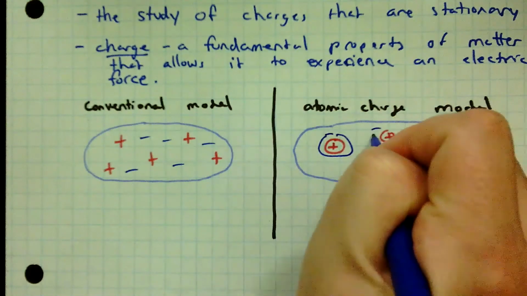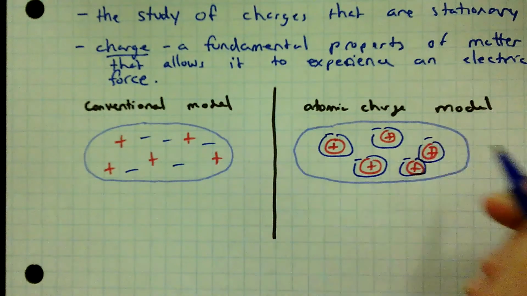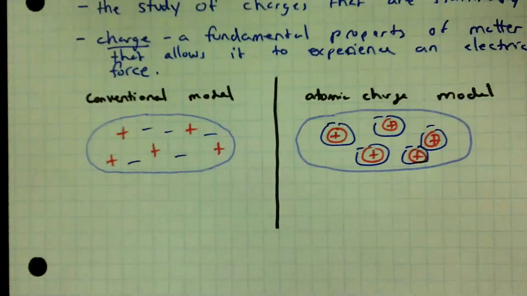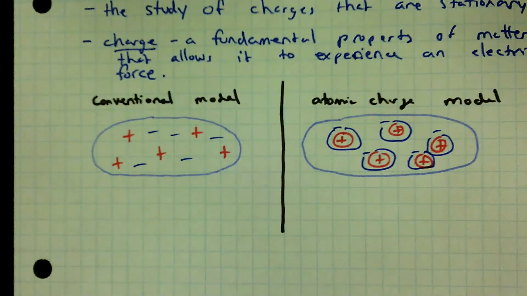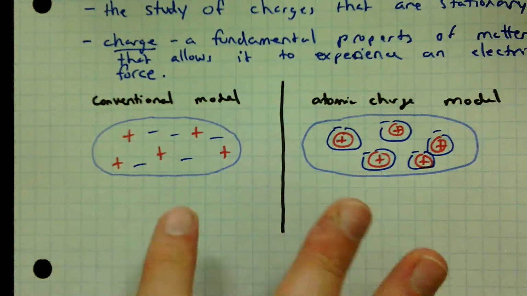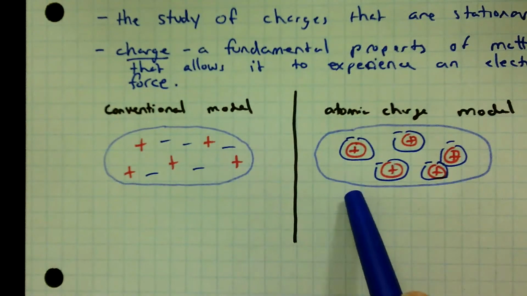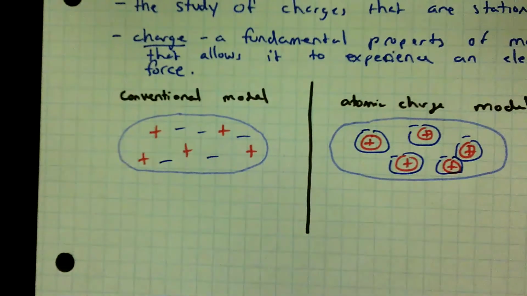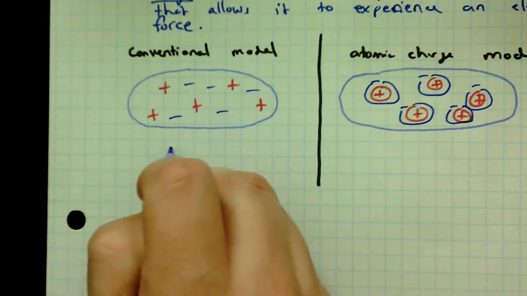And I'm drawing the electron as orbiting the proton. Again, this is simplified, but it's more true, right? So this is the conventional model. The conventional model is that positives and negatives are just charges that float around in an object. And then the atomic charge model says that what they really are is the protons and electrons in the atoms, right? So they're not very different yet, but then I want to show you what happens.